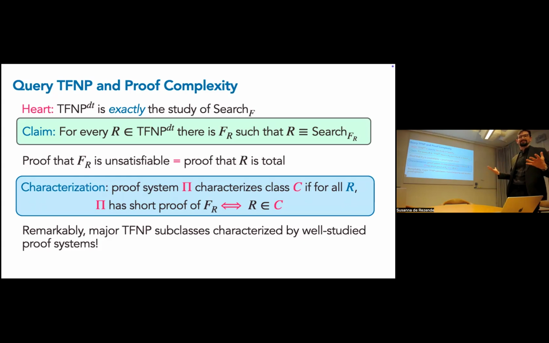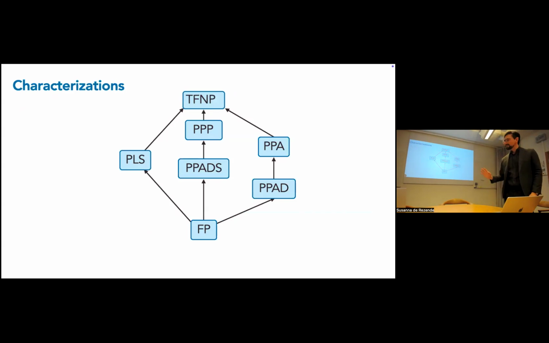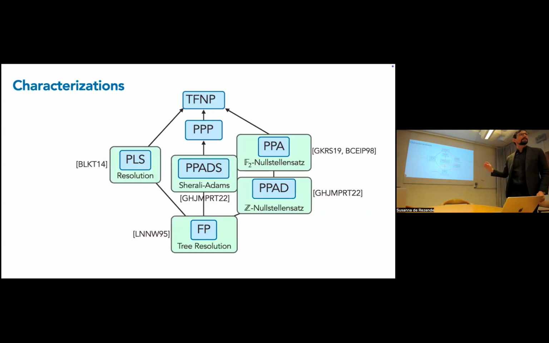So you get this converging of two worlds in a way that is bizarre and kind of makes you think about how people reason about things, philosophically. Anyway, here are the TFNP classes, and here are the characterizations we know of. PLS, this sink-of-DAG thing, is resolution. PPADS is Sherali-Adams. You get things for Nullstellensatz, tree-like resolution, and you can get them for a lot of other proof systems, but I'm just mentioning the major classes here.